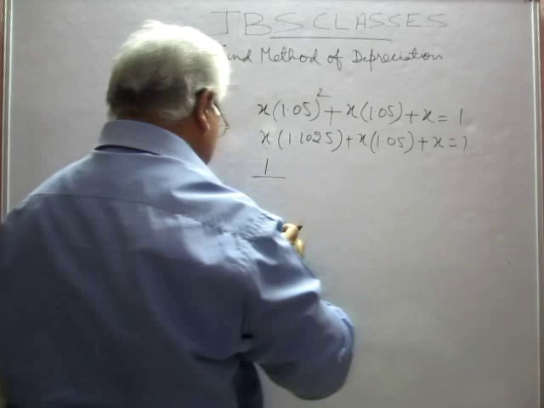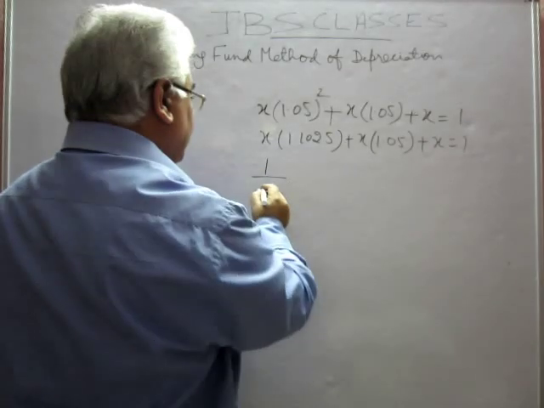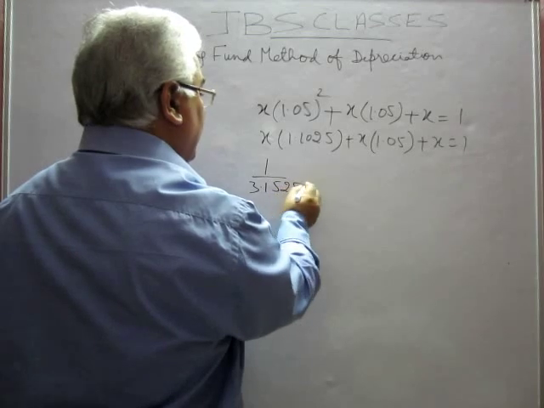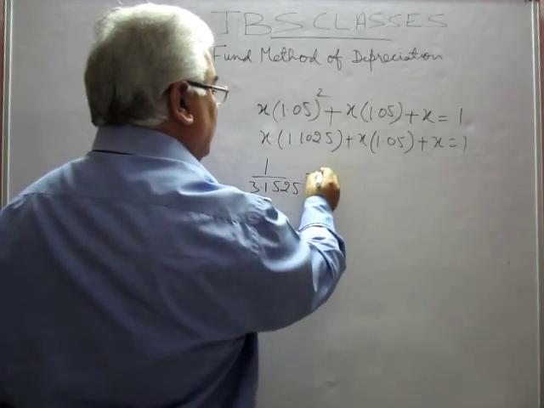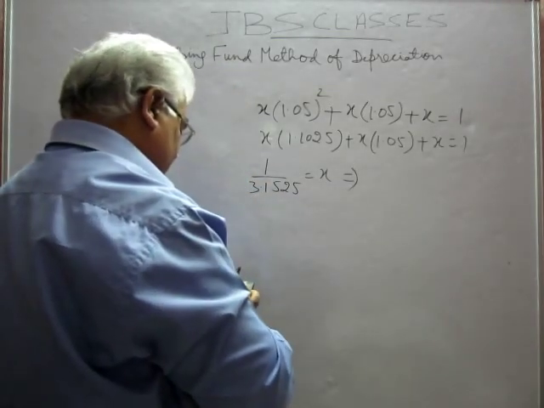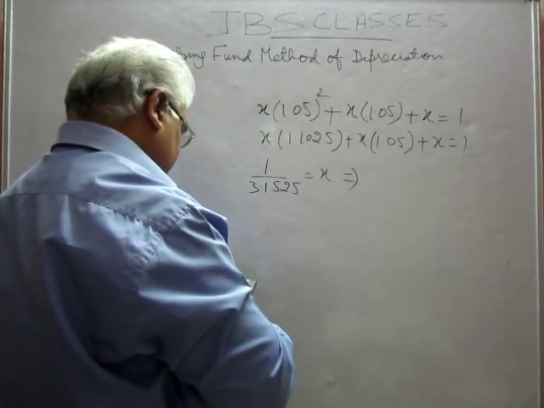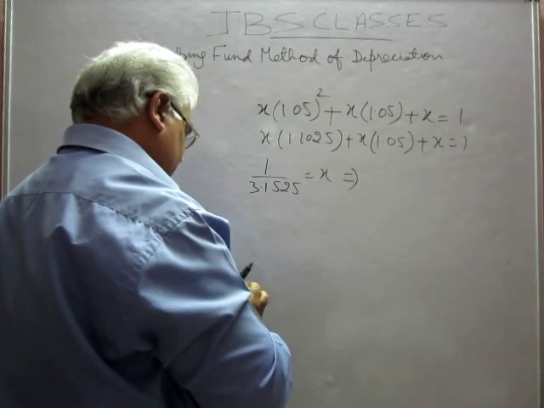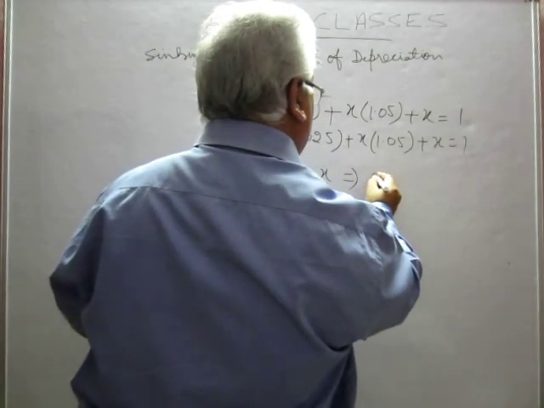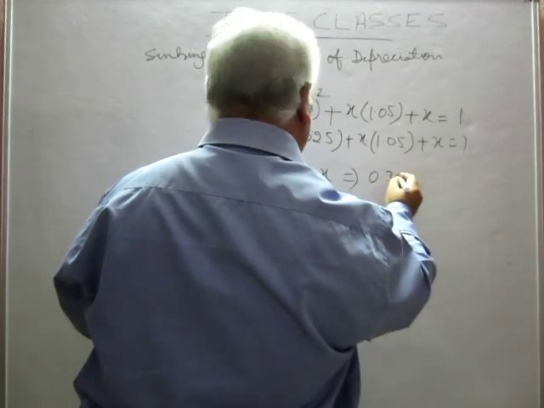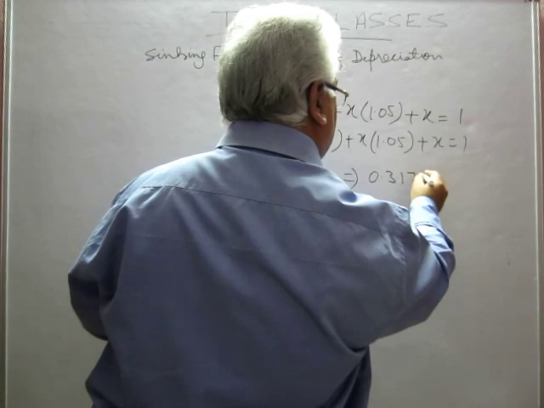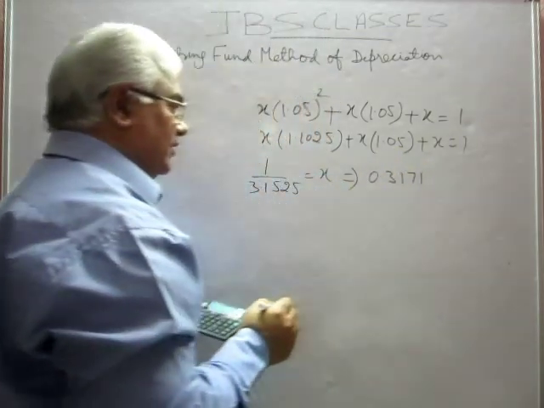This will be 3.1525. This should be equal to X, and this amount comes to 0.310708, so we can say 3171.